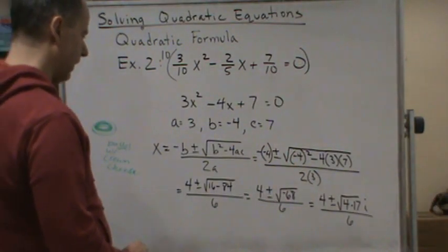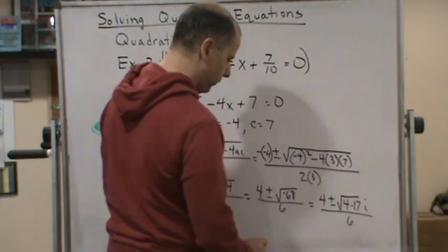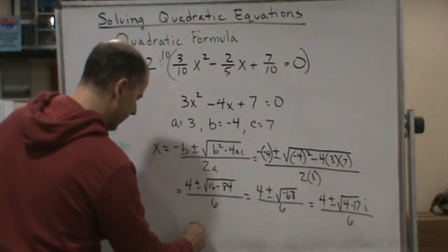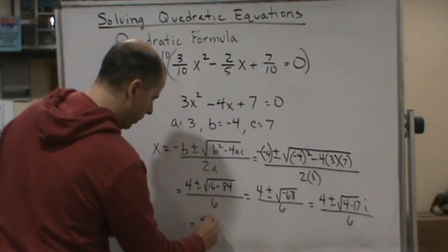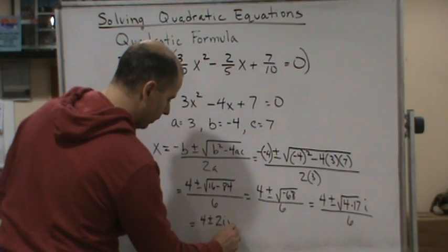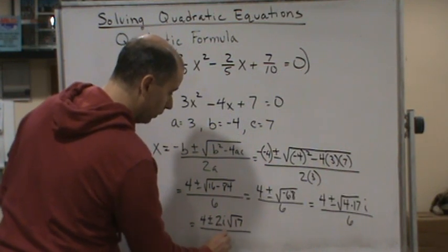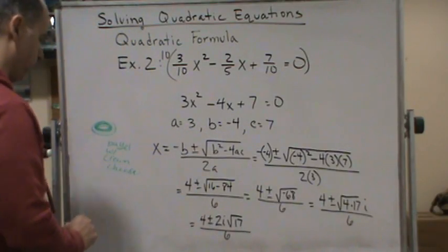Okay? And then, of course, I can split this up, and the square root of 4 is 2. So I can write this as 4 plus or minus 2i root 17 over 6.